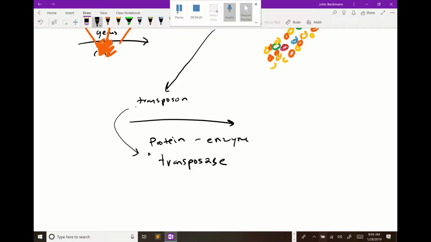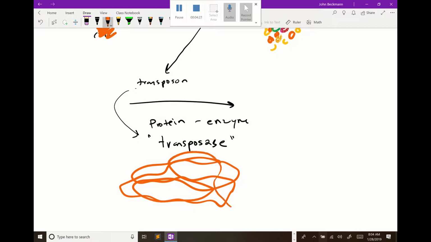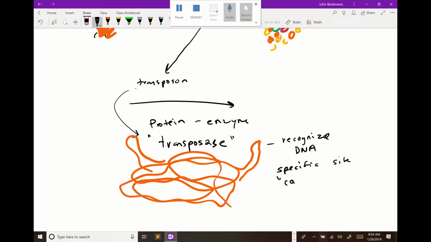Okay, and what does this protein do? So let's say this is a transposase protein, some globular structure. The transposase has sequences, I'm just going to draw it funky like this, and these sequences can recognize DNA. And oftentimes it's at a very specific site, what we would call a consensus sequence.